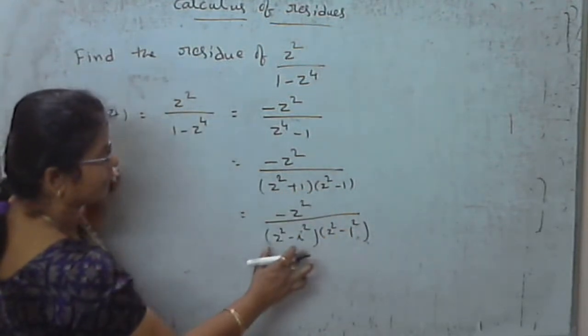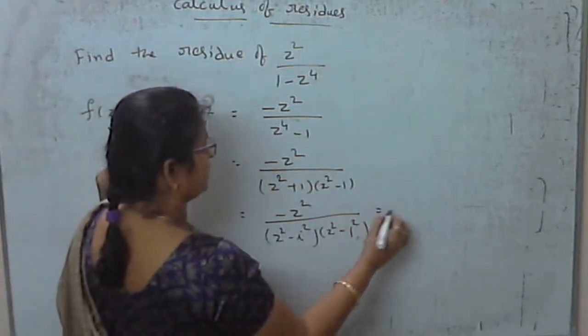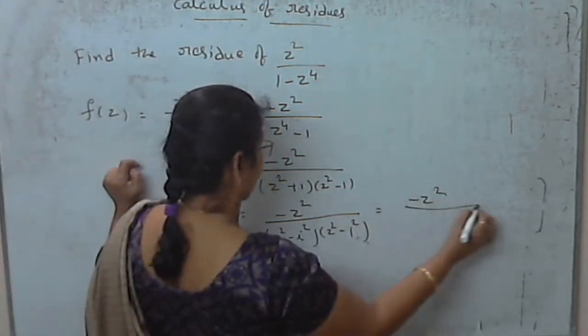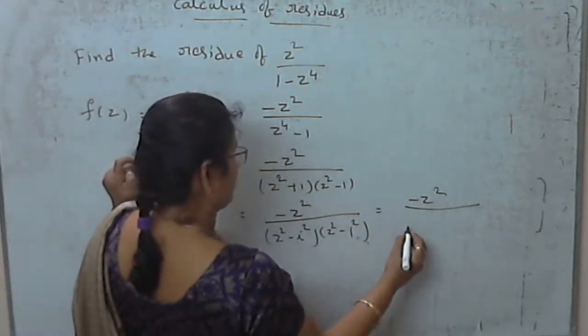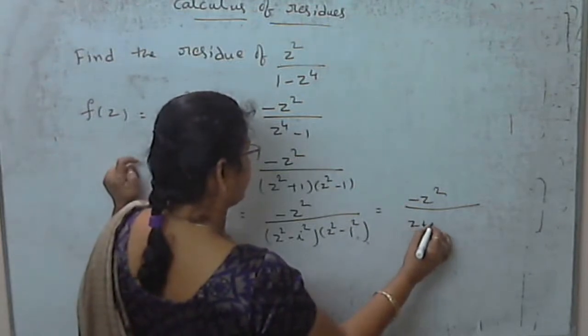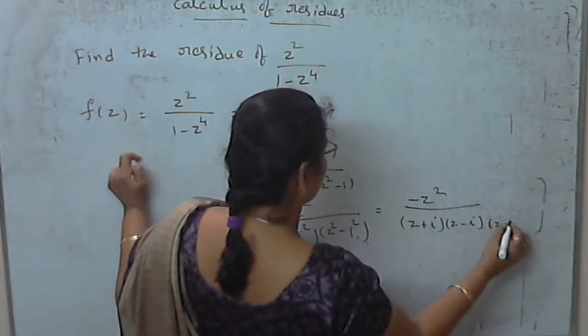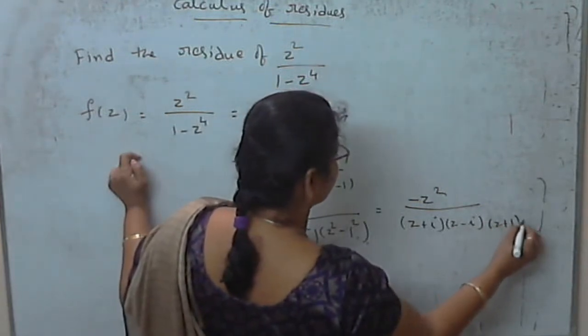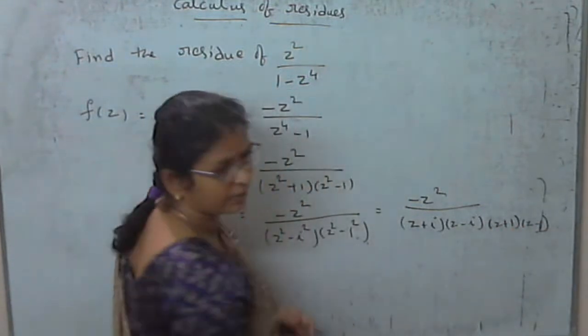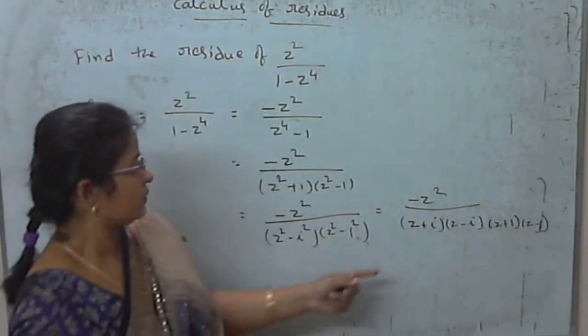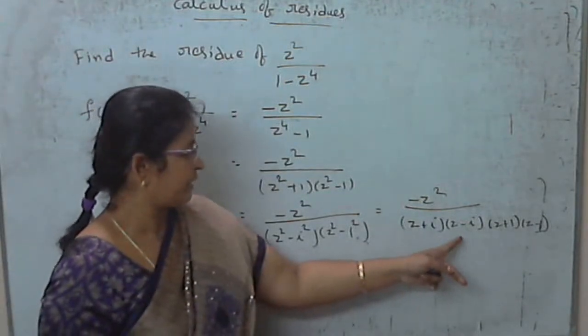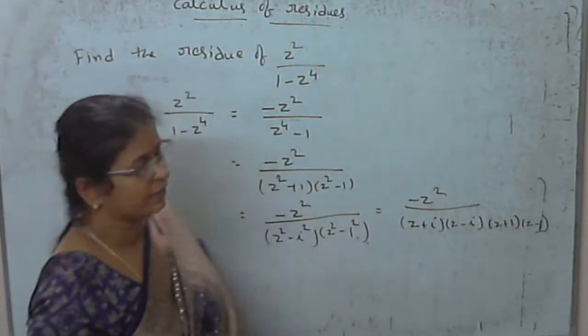Plus 1 can be written as minus i square. So minus z square by z plus i, z minus i, z plus 1, z minus 1.